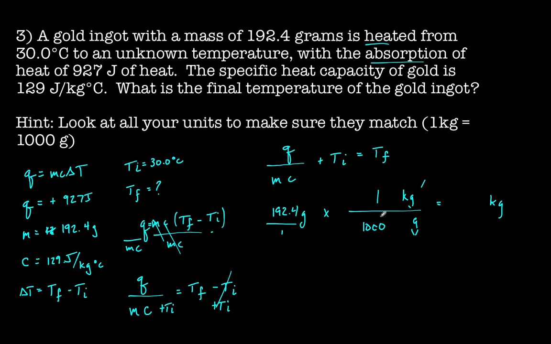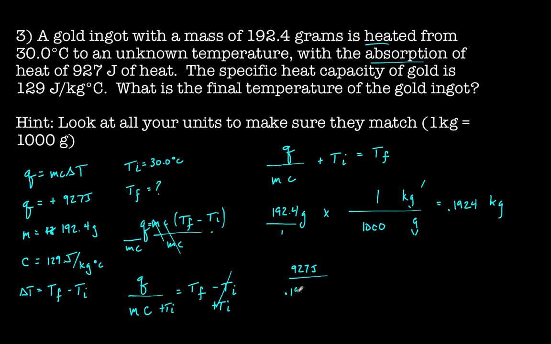Now, all I have to do is, you notice that I multiply everything on the top and divide it by everything on the bottom. So 192.4 divided by 1,000 will give me 0.1924 kilograms at the very end. Now, let's just plug it in. So I have 927 joules divided by my mass.